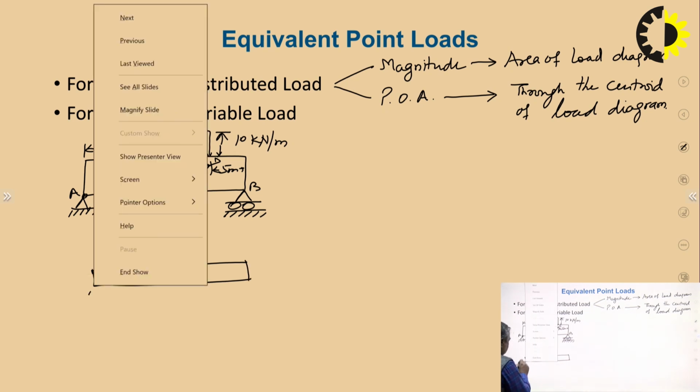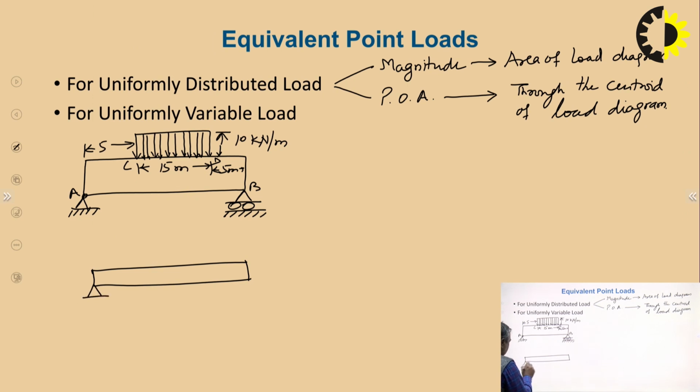You may find problems in this fashion where UDL is shown like this. This is 10 kilonewton per meter, 5 meter.